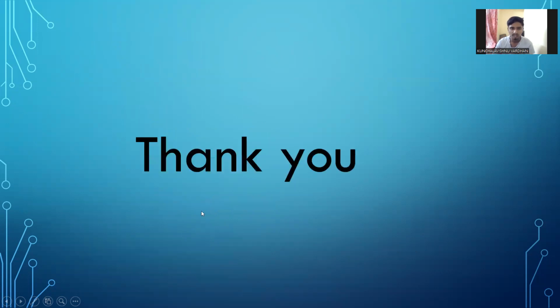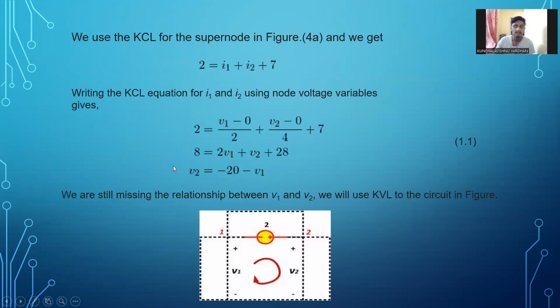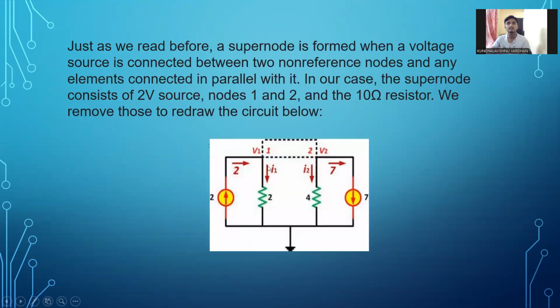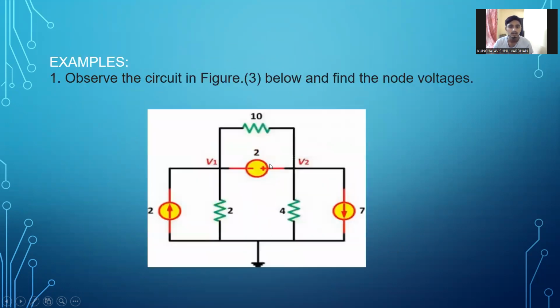So by using the supernode, we can calculate the voltages across any branch easily. First we have to identify where the nodes are. Here they are 1 and 2, and let's make this the ground.